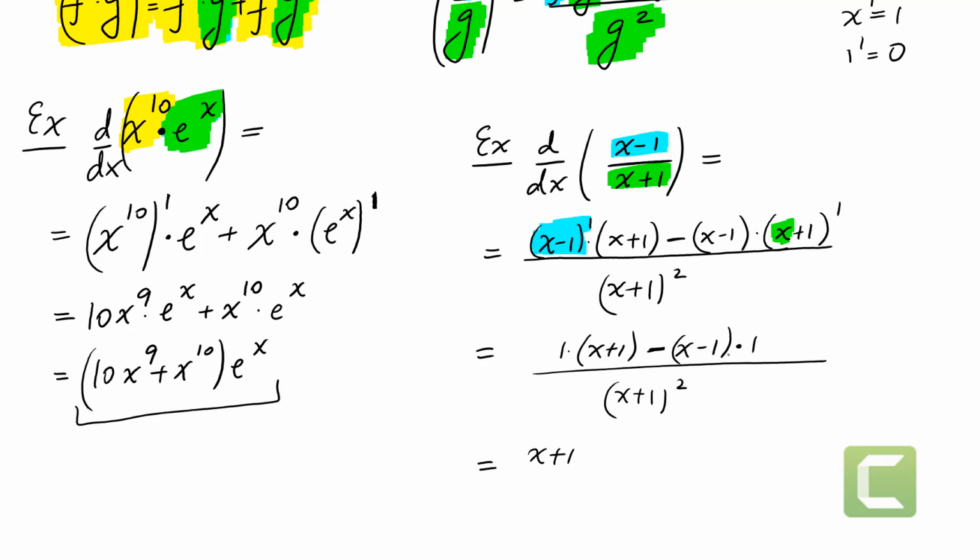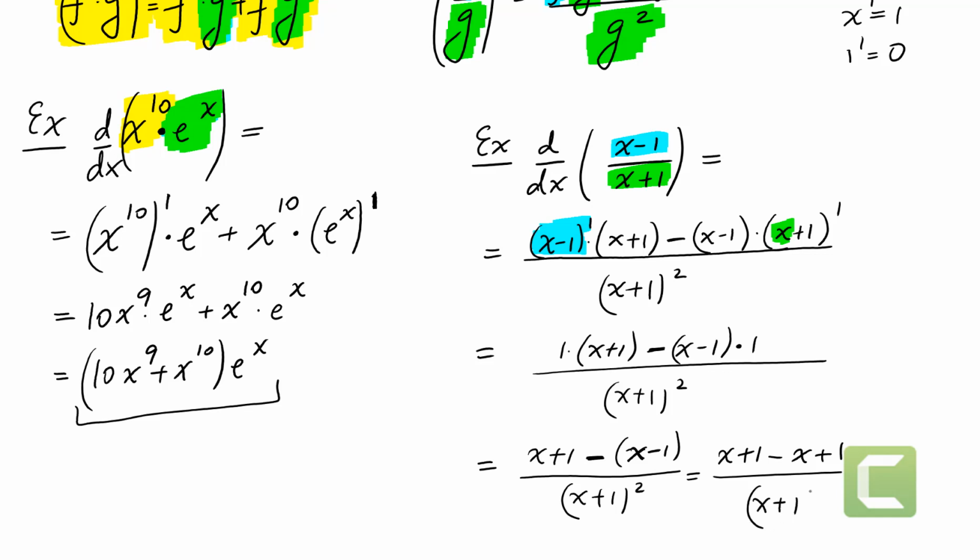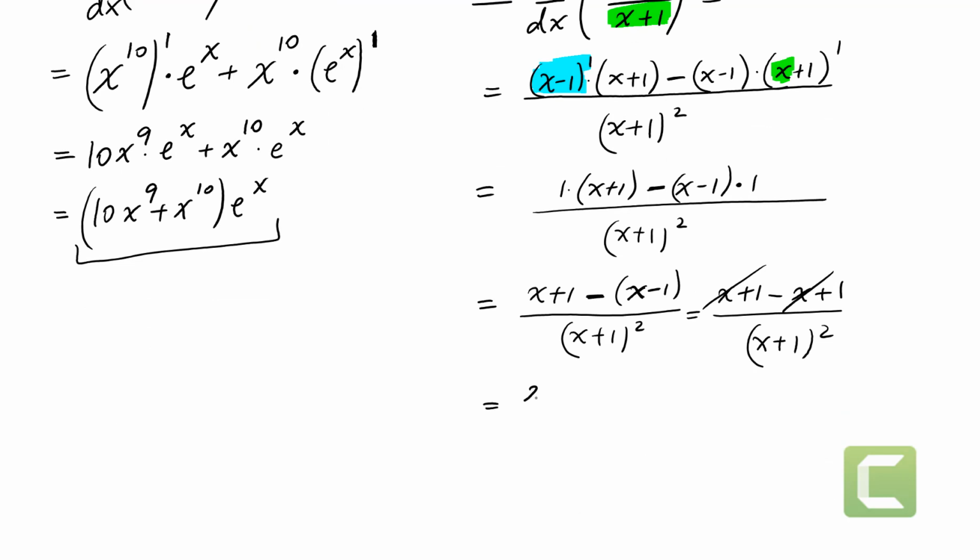I should specify it's times 1, so I get minus x minus 1, because times 1 is just x minus 1. I want to do that intermediate step. So now x plus 1 minus x, and the negative in front changes all the signs, so it's minus x plus 1. We change the sign over x plus 1 squared. So these cancel, and we end up with 2 over x plus 1 squared. I hope this helps.